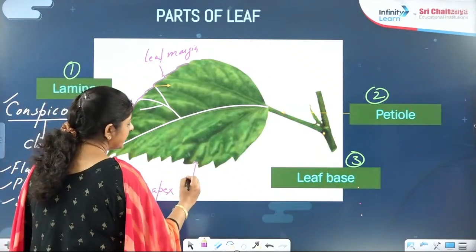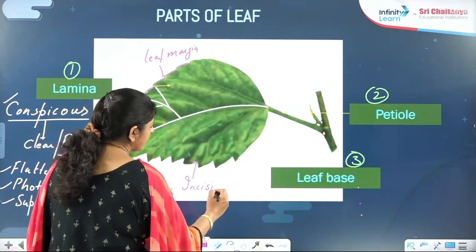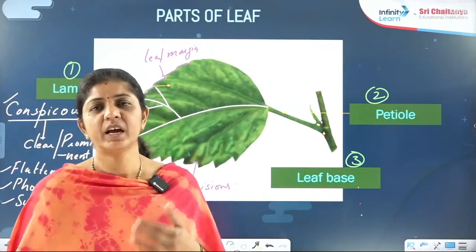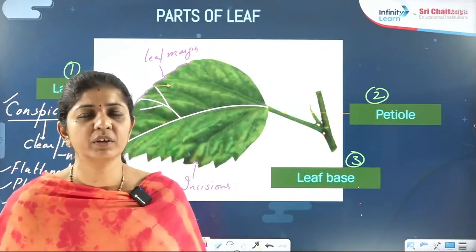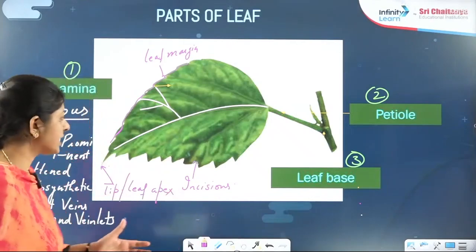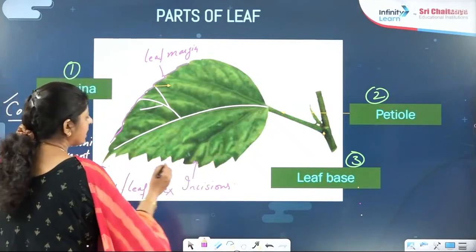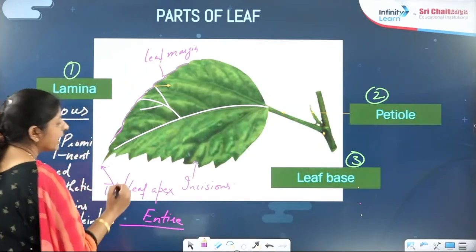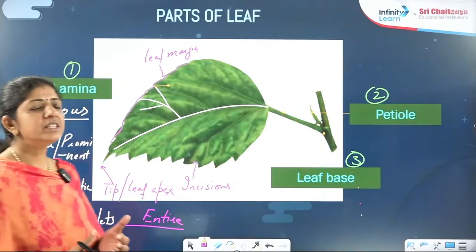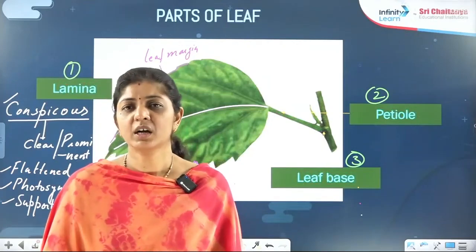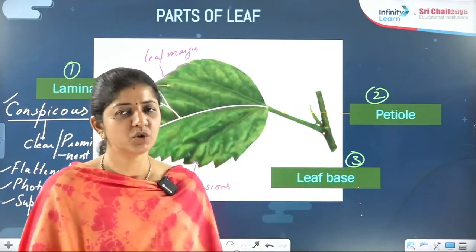These cuts are called incisions. The depth of the incisions will tell you the category of the types of leaves as well. If incisions are not there, the lamina is entire. But if incisions are there, that will decide the type of leaf, whether it is simple or compound. We will discuss that after this topic.